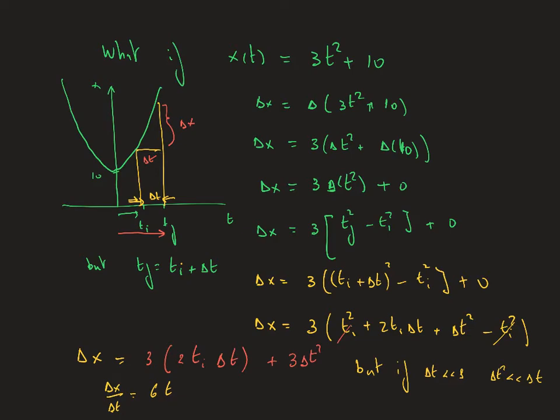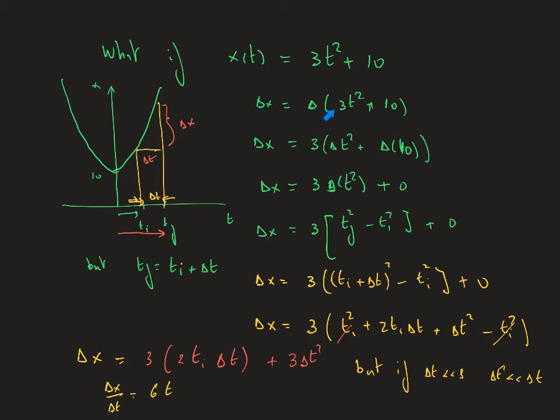Let's do this problem. Let's say that this is where I want to arrive. Let's say now that x of t is 3t squared plus 10. What is delta x? Delta x is the output. I want to find delta x if I make a change in delta t.